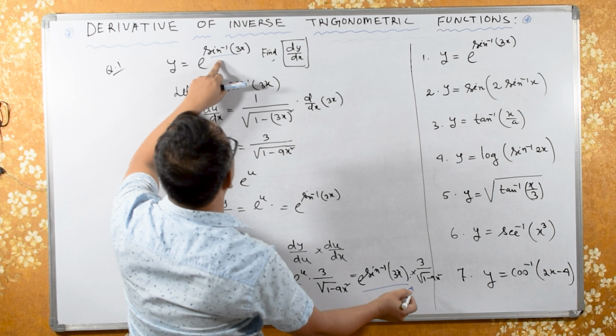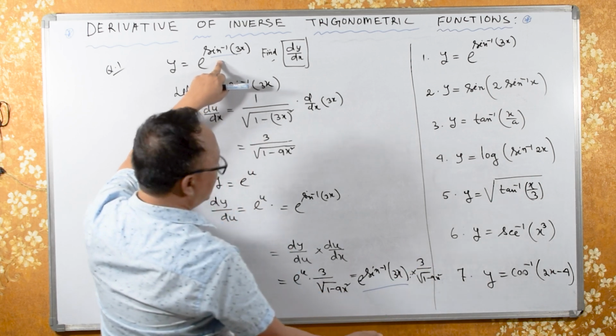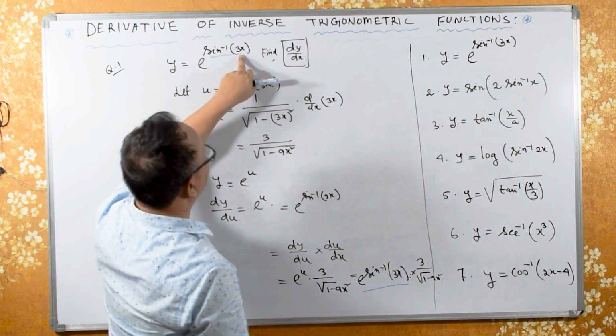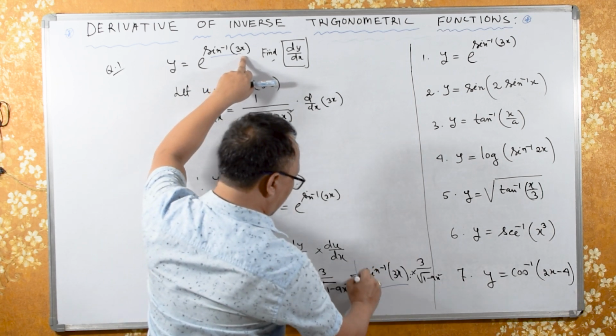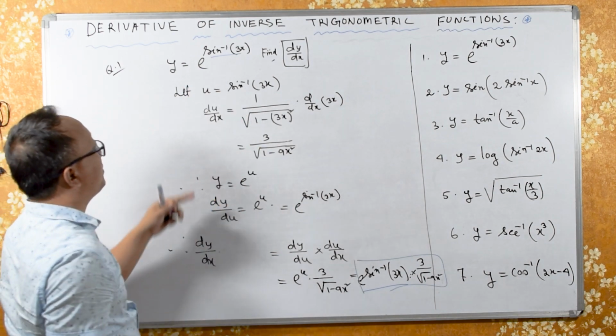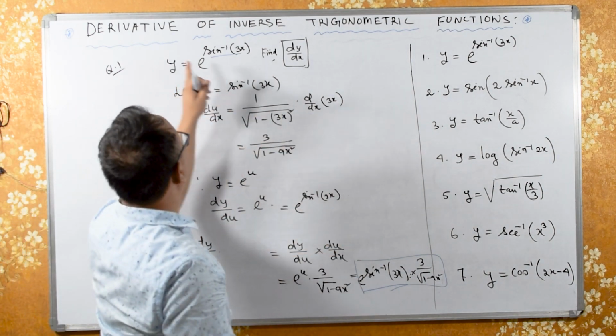Differentiation of sine inverse 3x with respect to x is 1 upon square root of 1 minus 9x square into d by dx of 3x, which is 3. So directly, instead of all this substitution, you can find it from here.